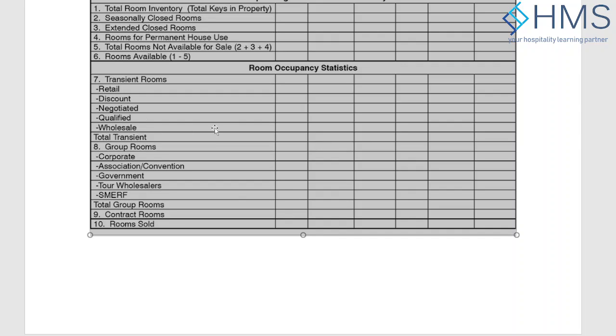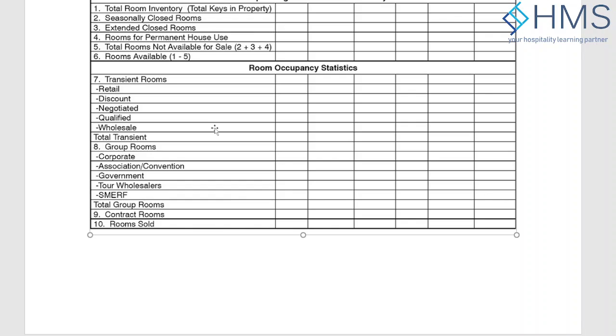But that's also part of the monthly financial statements to understand the revenue in deeper detail. So that information is not prescribed, but it is important.